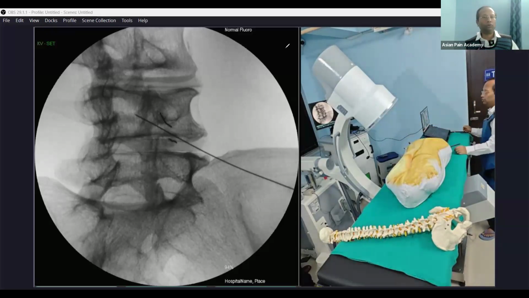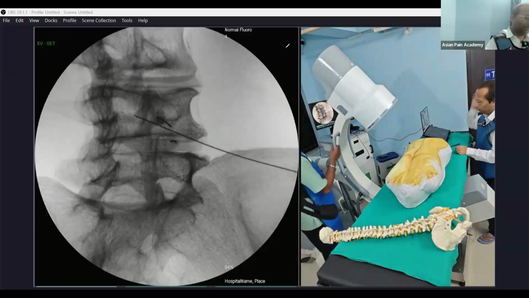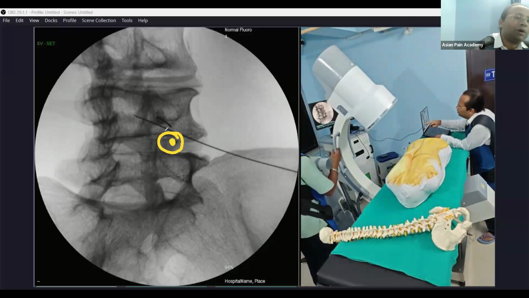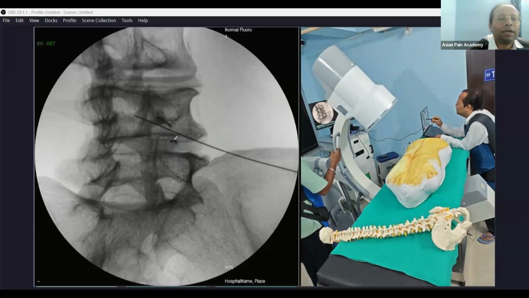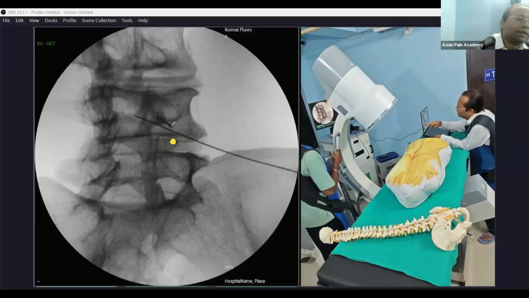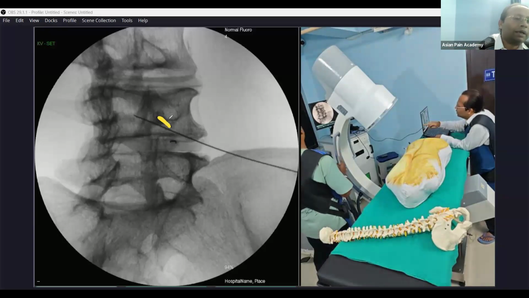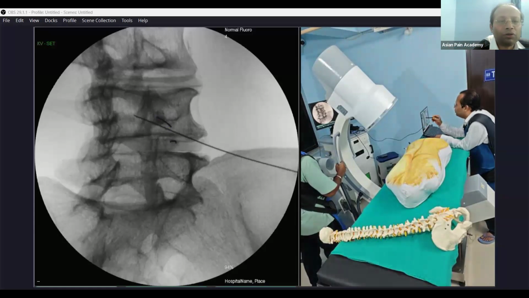This is more or less a tunnel view approach, because it should look like one dot. If you are 100% tunnel view, then we will see only one dot. That is our intention, but every time we may not get that. This one is not tunnel view, but still it is close to a tunnel view, because the long needle has become this much only. So this is the oblique view.